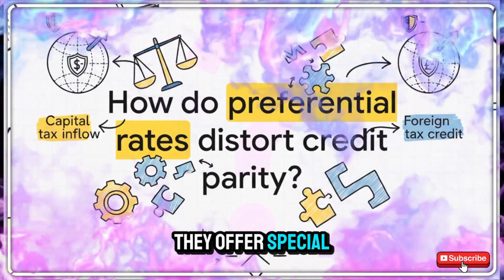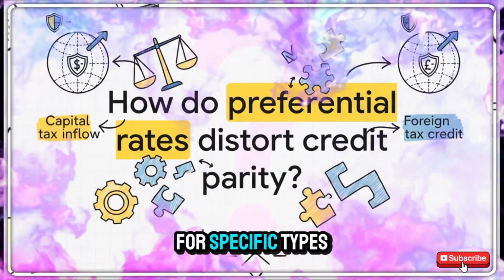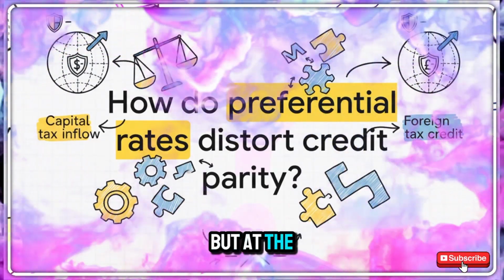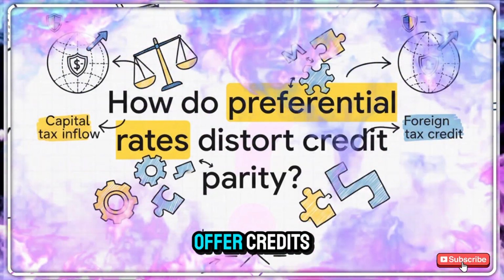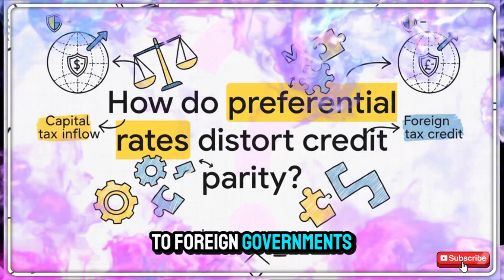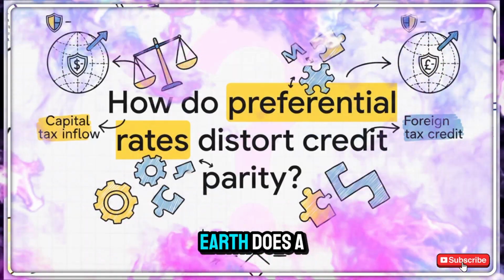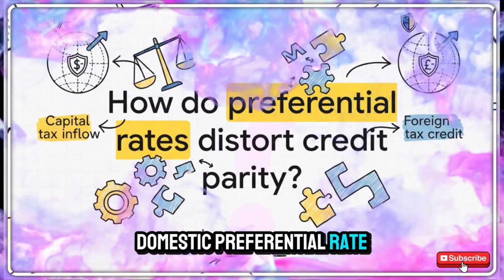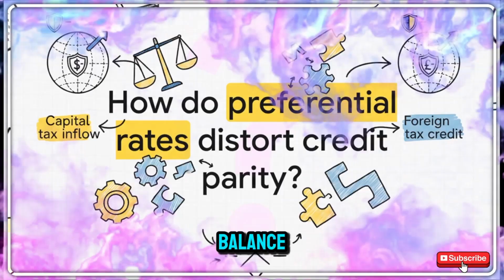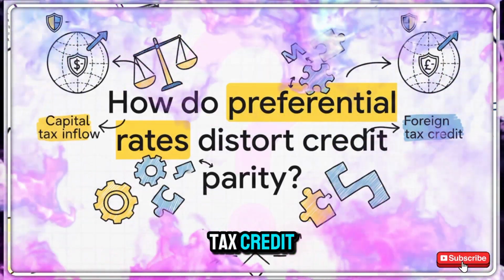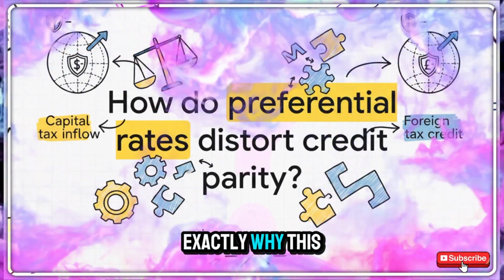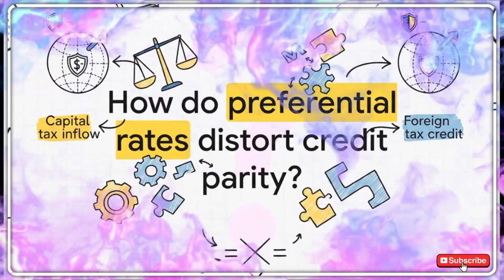They offer special, lower tax rates for specific types of investment income. But at the exact same time, they're trying to offer credits for taxes paid to foreign governments. So how on earth does a domestic preferential rate throw a wrench into the mathematical balance of an international tax credit? Let's break down exactly why this structural distortion happens.